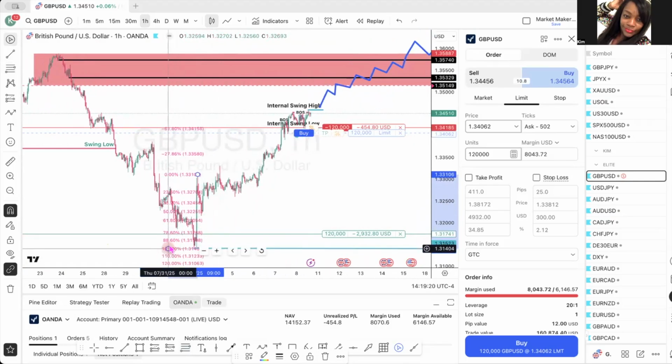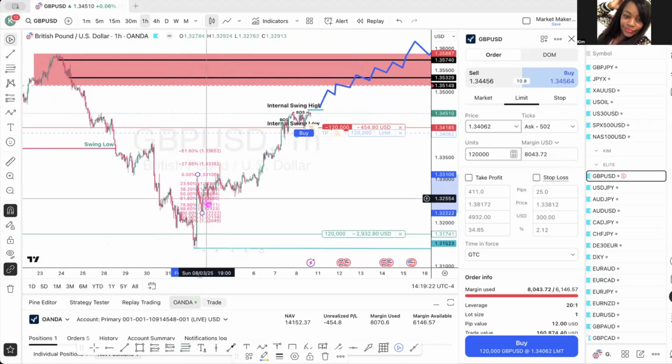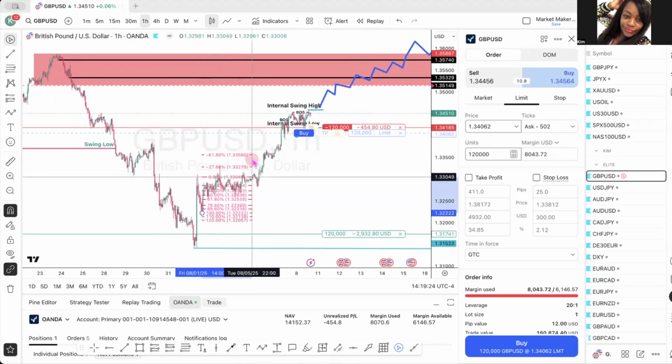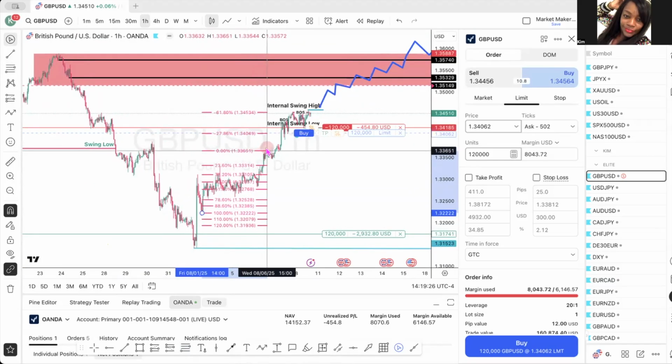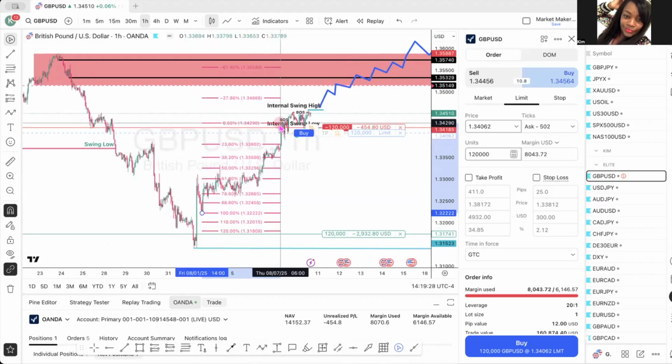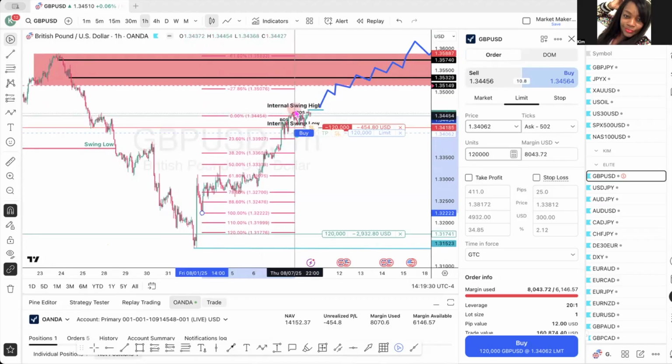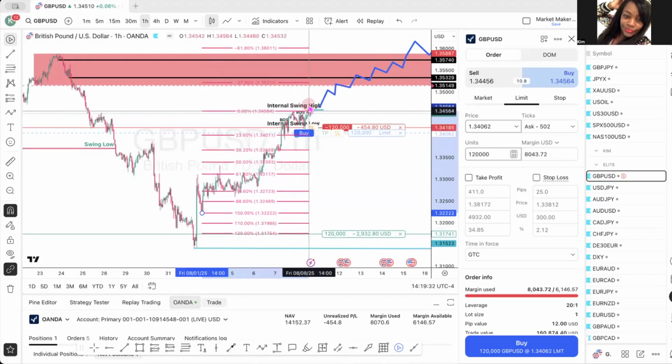From here to here, that never pulled back. So you're going to keep pushing up, pushing up, pushing up. So right now, that's the move. So if this started pulling back and then pushed up, that could happen.